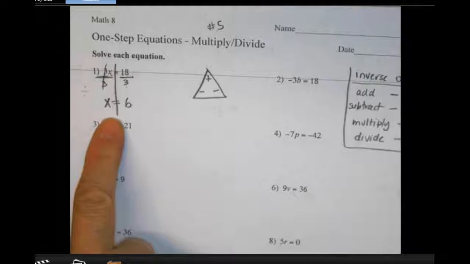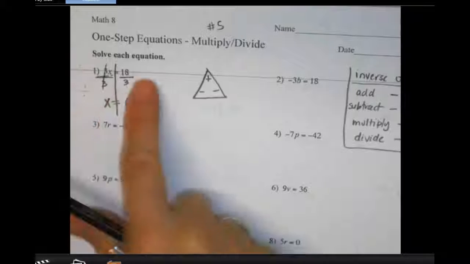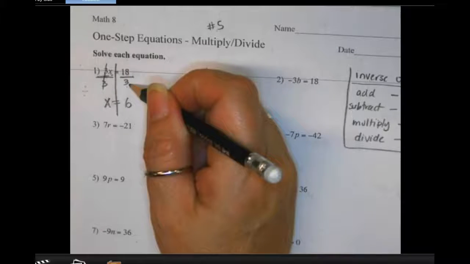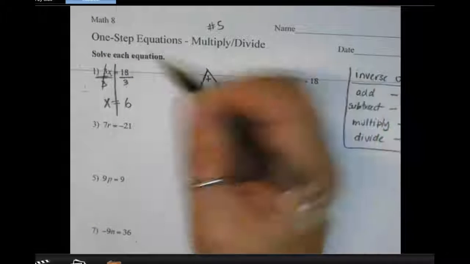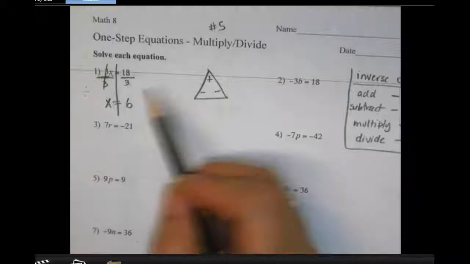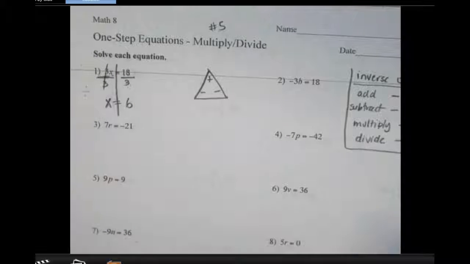So that tells me that my answer is 6. Now, I didn't need to use this triangle today for that one because they're both positive. The only time you're going to use your triangle is when your numbers are either positive or negative, or both, okay? So when they're both positive, we don't have to learn anything new.